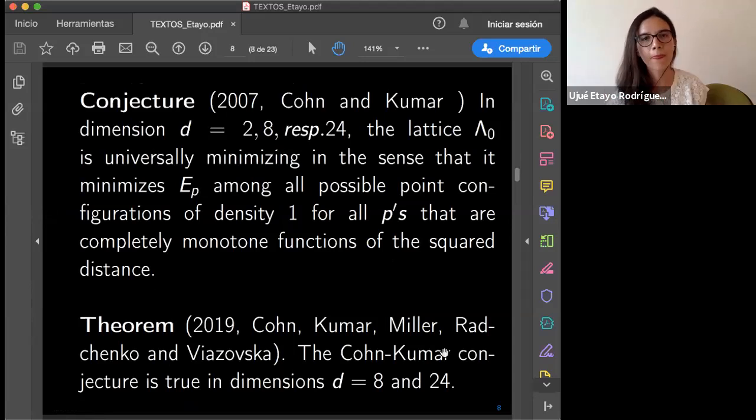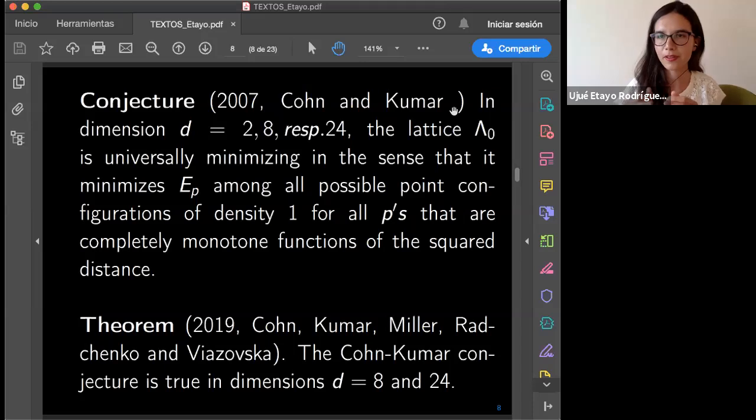So this Cohn-Kumar conjecture appeared in a paper in 2007, and I'm going to read it as it is written in the paper, and then I will explain some notation that I didn't want to include here, not to make it more difficult than it's supposed to be.